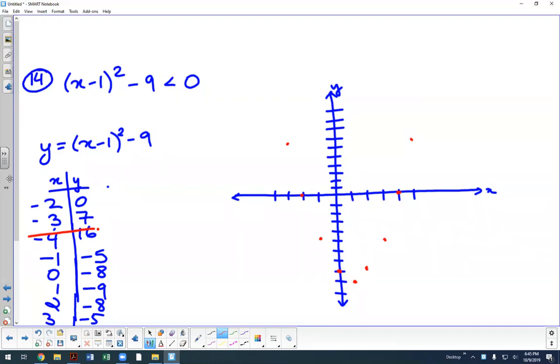Right? So that should give us a pretty decent idea of the shape of our parabola here. Something like that.